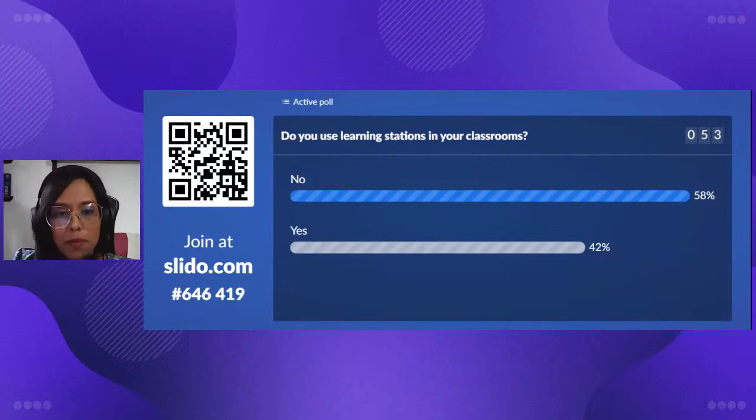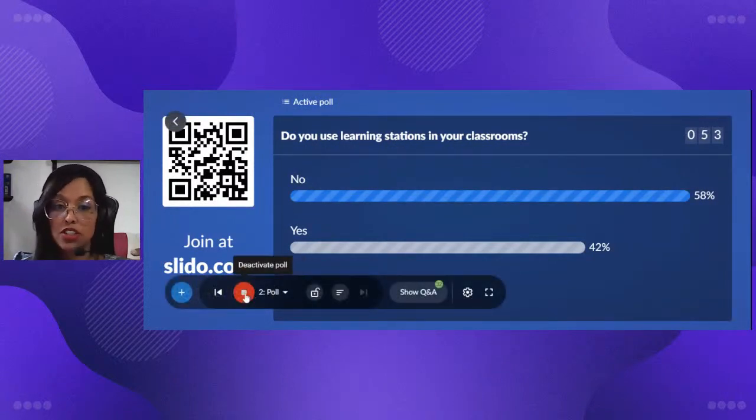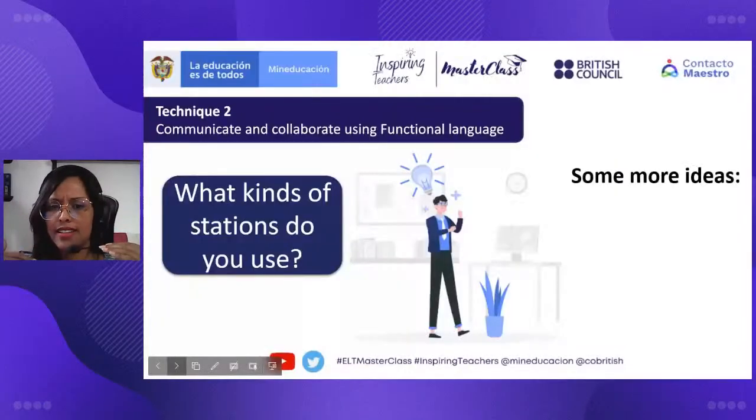So let's go back to my screen, please. And on my screen, we are going to share some of those ideas with you guys, okay? So first of all, let's recap the ones that Diego had also mentioned, right? He talked about focusing on production, on the different skills, so we can focus on speaking, writing, listening, right?